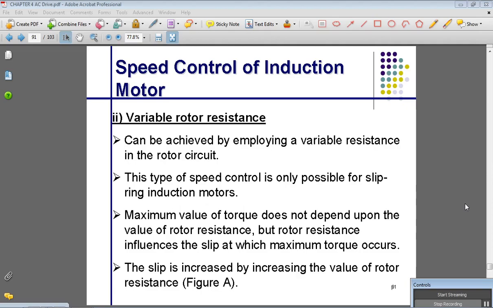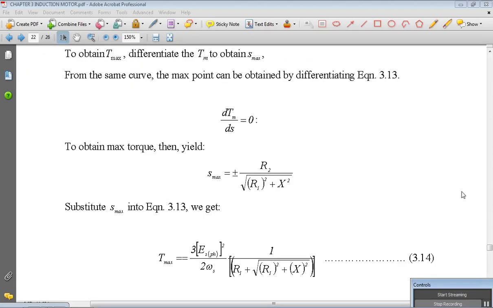Next, the maximum value of torque does not depend upon the value of the rotor resistance, but rotor resistance influences the slip at which maximum torque occurs. Refer back to the previous video. The equation of Tmax does not contain R2, but to calculate Smax, yes, adjustment of R2 will affect the maximum slip.